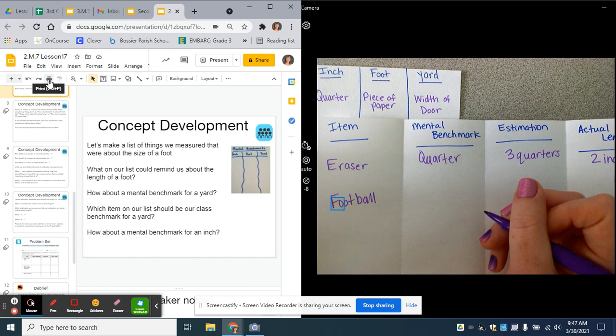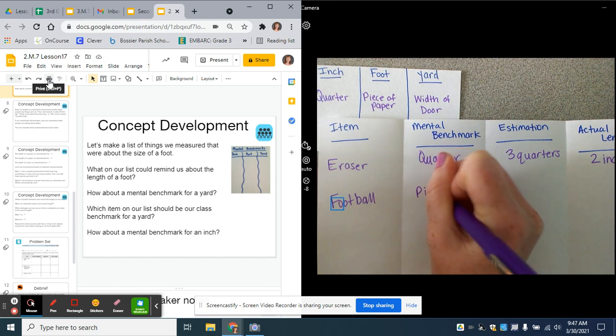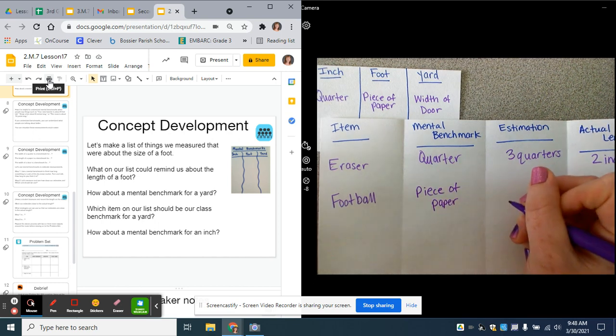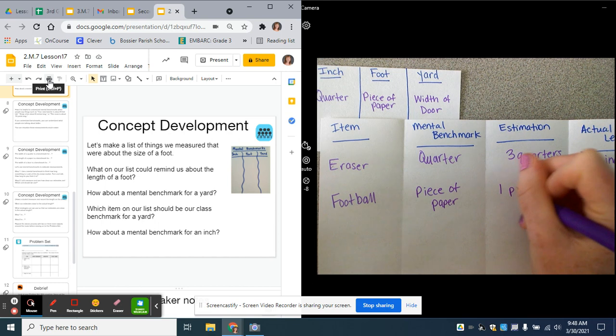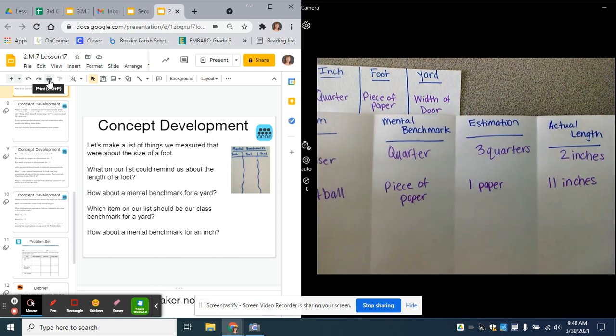So it's either an inch or a foot. I think it would take lots of inches to get to the length of a football. So I'm going to put a piece of paper as my measurement here. And I think it's about one paper long. And I've already pre-measured. It's actually 11 inches long. 11 inches long is the length of a football.